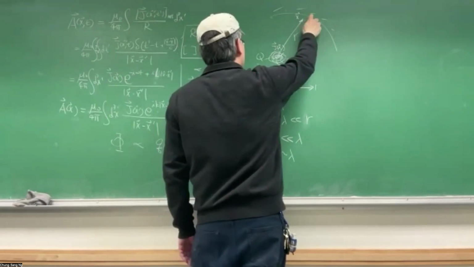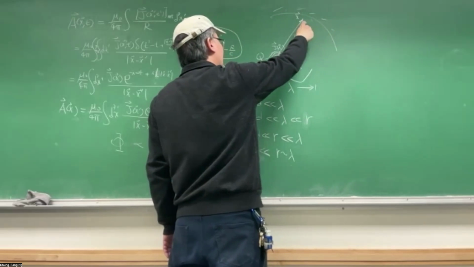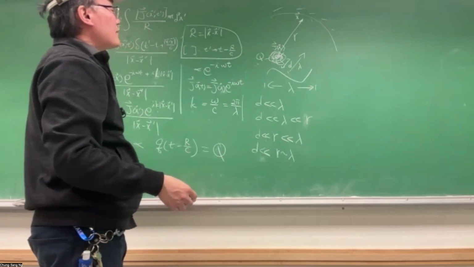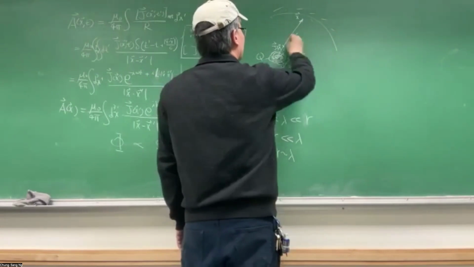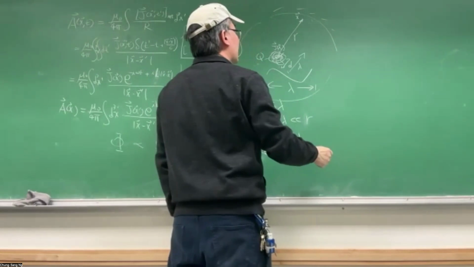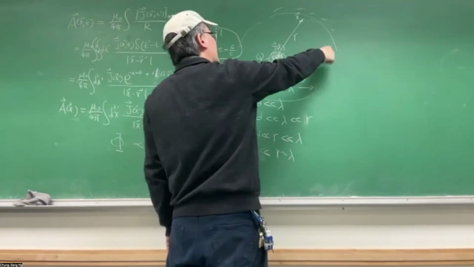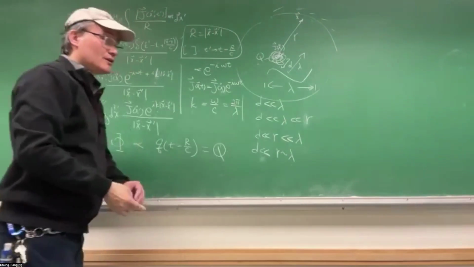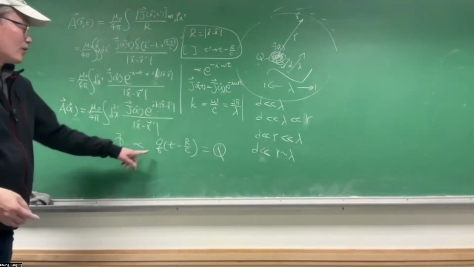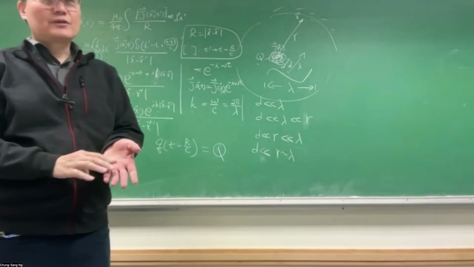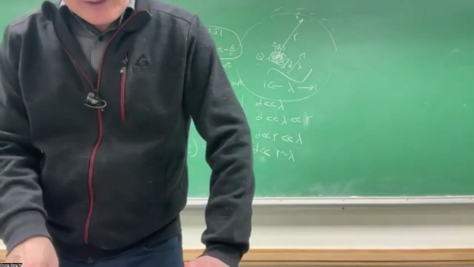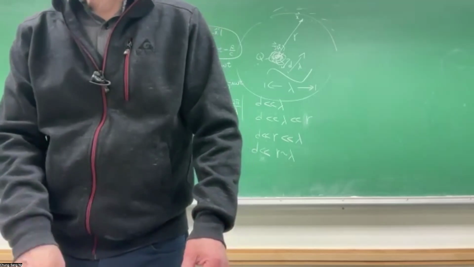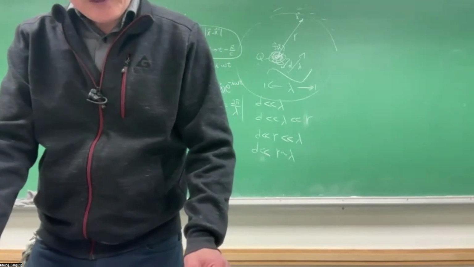When you're far away from the source, you're still seeing the same charge, and Gauss's law is still valid. Gauss's law says that the electric field integrated over the surface is the same as the total charge, but the total charge doesn't change. So the monopole, or the total charge, does not give you radiation. That's the final remark in this section. We need to start from at least the dipole term. The monopole term doesn't give you any radiation.